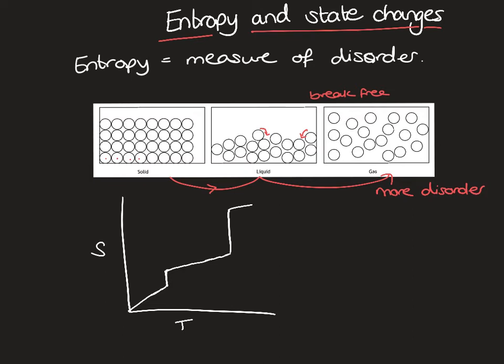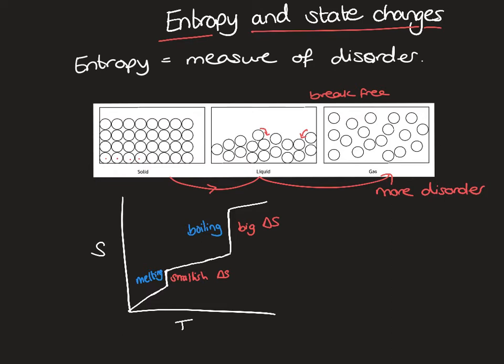So we're going to get a really big increase in disorder as we are able to overcome the forces of attraction between the particles. So on these diagrams, there's a small delta S in melting, and a big change in delta S in boiling.